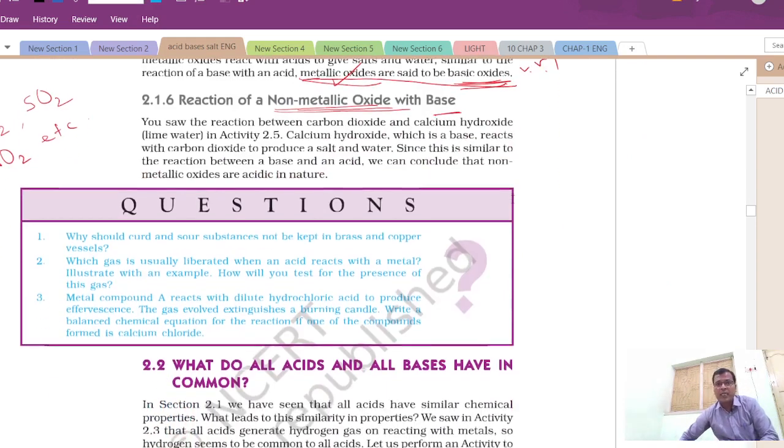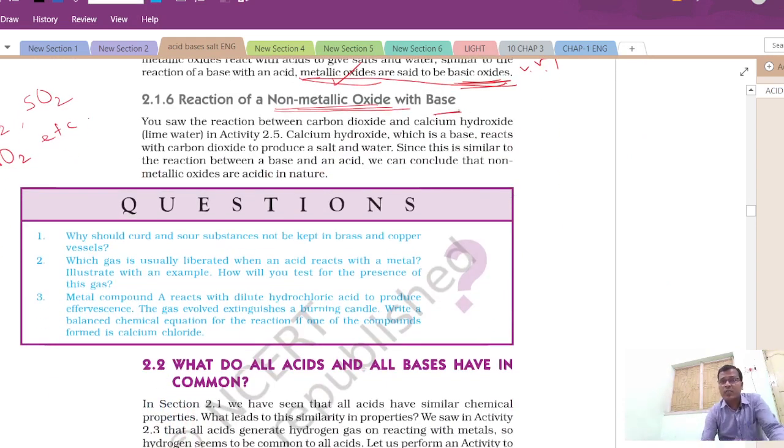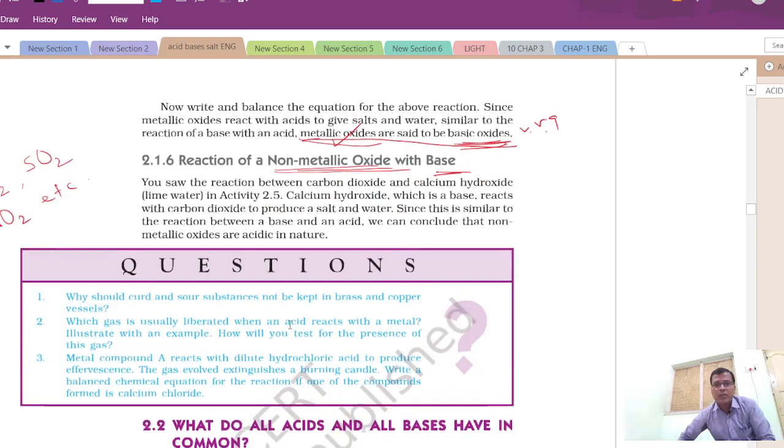And what happens when a non-metallic oxide reacts with a base? Non-metallic oxides such as carbon dioxide, sulfur dioxide and nitrogen dioxide. You will see here that I am writing an equation, perhaps this is not given, but it is a very important reaction. You may have confusion about why I call a non-metallic oxide an acidic oxide. This is acidic oxide, then why do I call it acidic oxide?